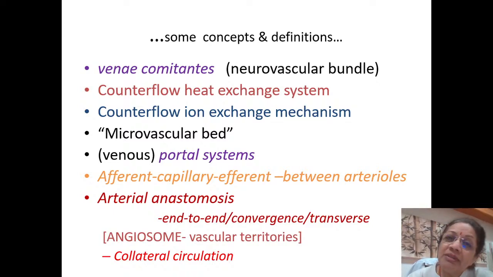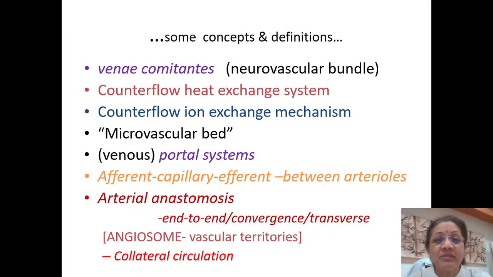Okay, then there is a concept called portal system, which might have been mentioned again in yesterday's physiology class. The venous system particularly, sometimes a vein comes, usually an artery comes, breaks up into arterioles, that breaks up into capillaries, then they reform and form venules, which form a big vein.